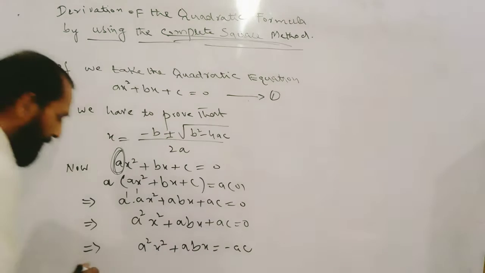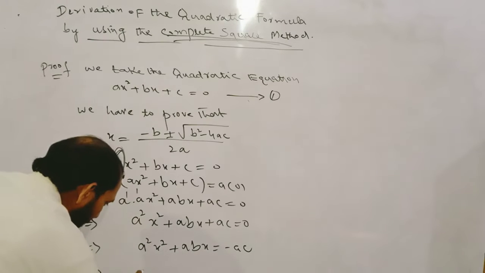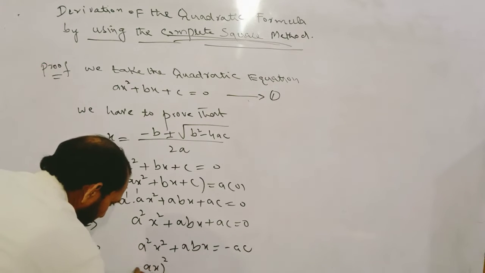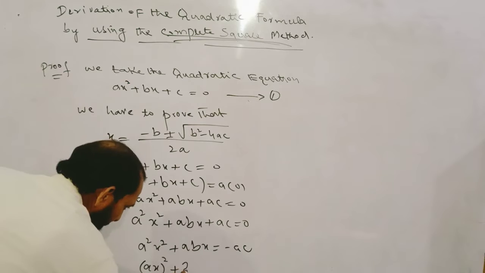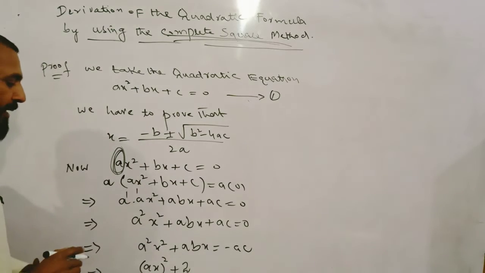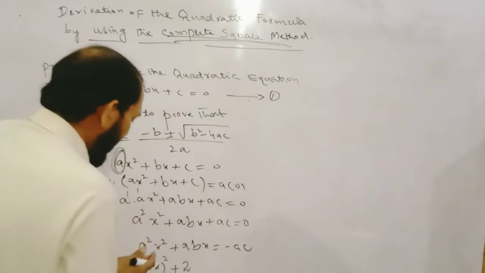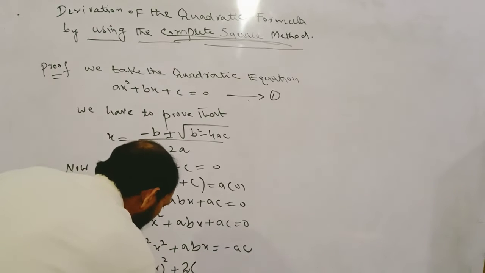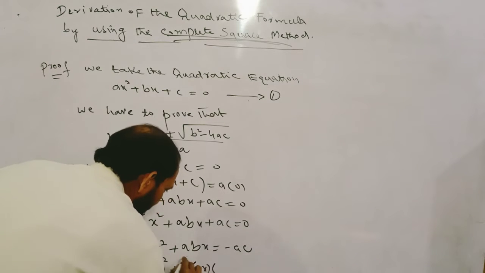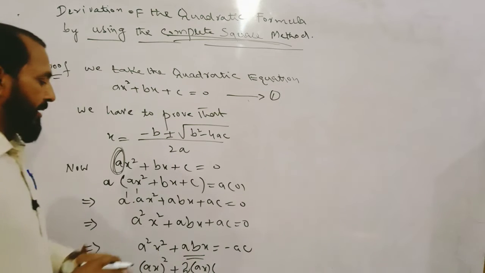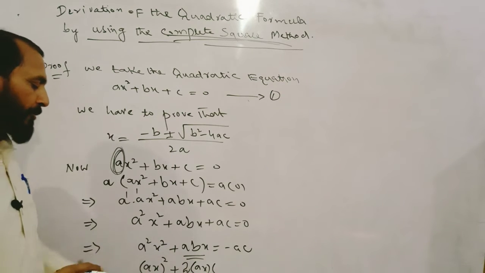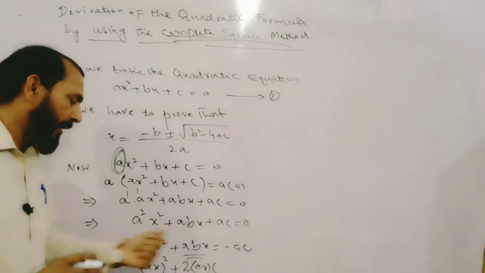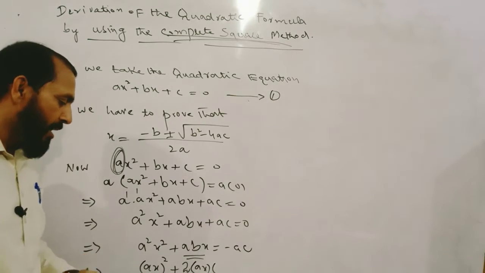After this, we can write the complete square, the whole square. We can write the first value as abx. Here we make the upper value abx.